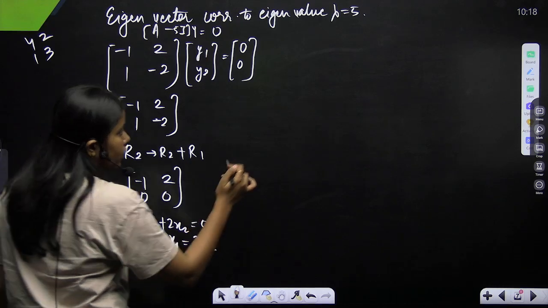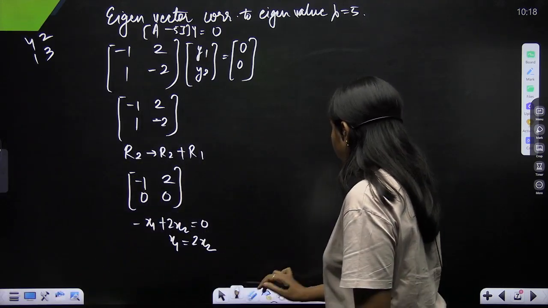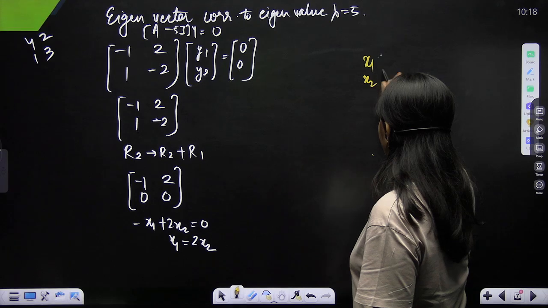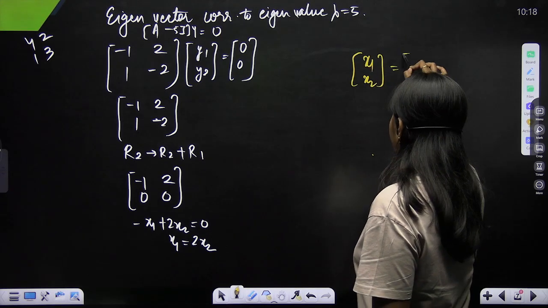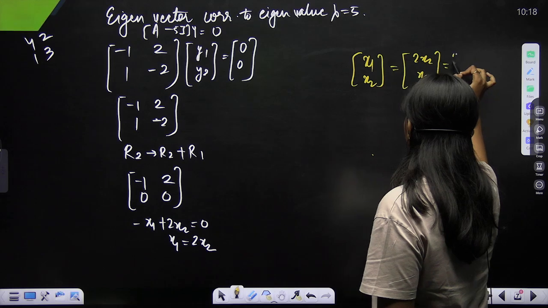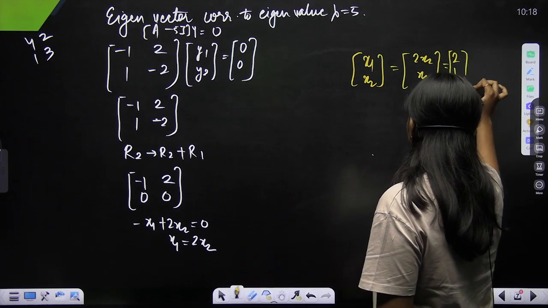So what would be the solution? How does the solution look? x1, x2 is 2x2, x2, and it would be 2, 1, x2, right?